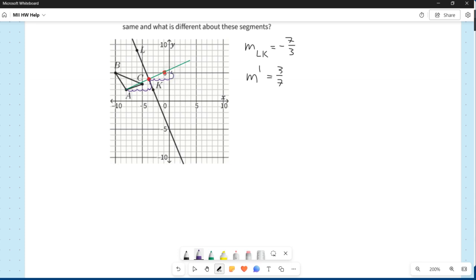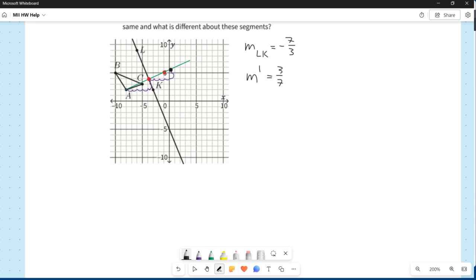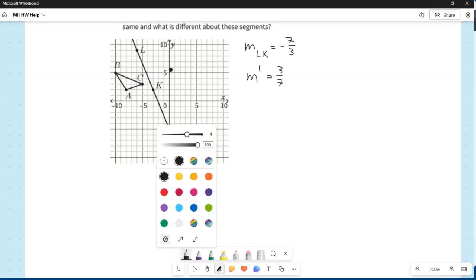So 1 and then maybe there, we'll say. When all is said and done, my reflection point is going to be right there. I'm going to get rid of all this extra stuff because we don't need it anymore. So that point right there is A prime.